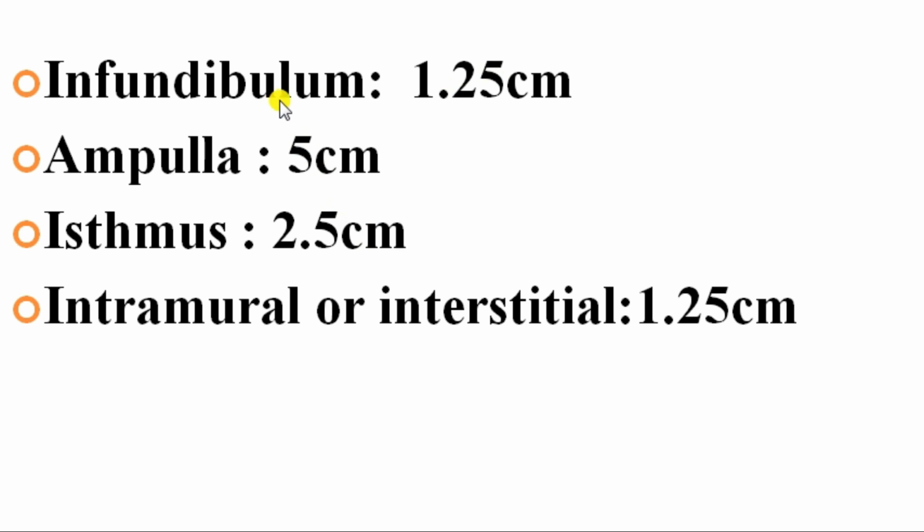So the infundibulum measures about 1.25 cm, ampulla 5 cm, isthmus 2.5 cm, intramural or interstitial part 1.25 cm. So it is clear that the longest part of the uterine tube or fallopian tube is ampulla. The narrowest part of the fallopian tube is intramural or interstitial.